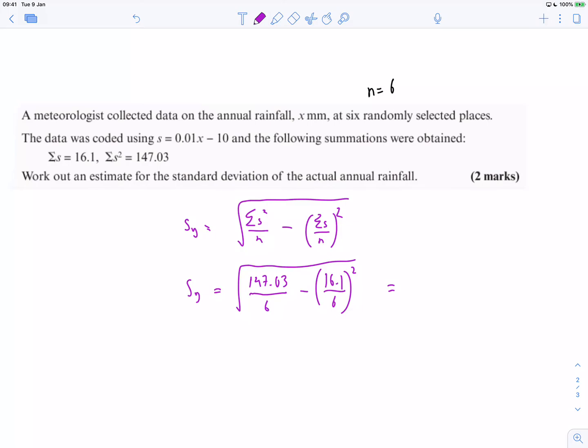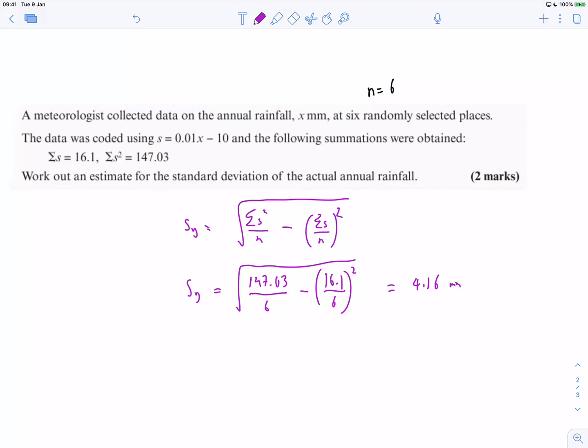Okay, so quick calculator bash: fraction 147.03 over 6, minus bracket fraction 16.1 over 6, close brackets, squared. So we get S_S is 4.1598, so actually it's 4.16.